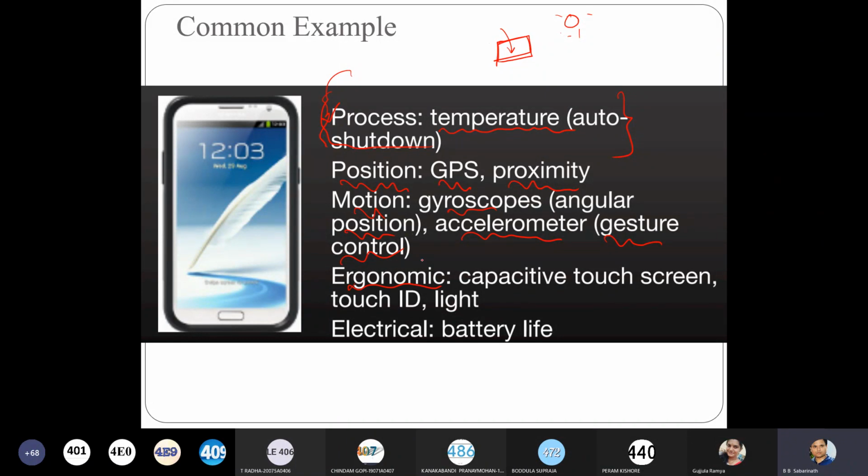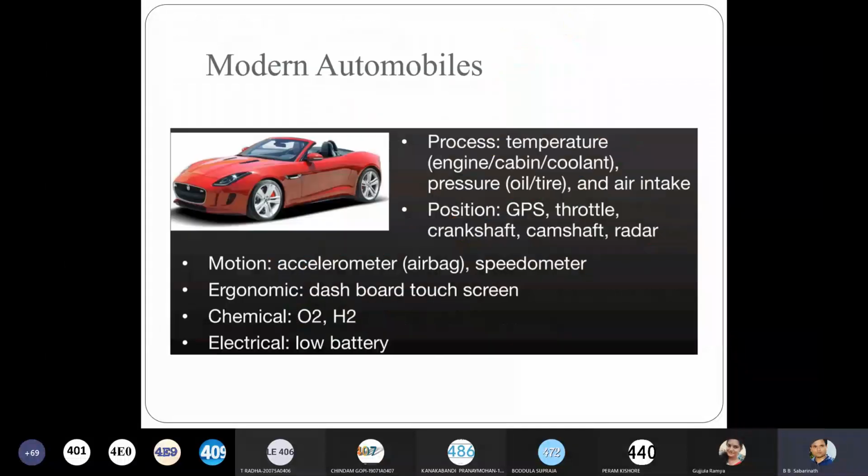You will have an electrical sensor in your mobile phone that displays the battery life. How does it display it? Based on a sensing mechanism internal to the battery, which detects how much battery is remaining. All these are common examples of sensors located in your smartphones.